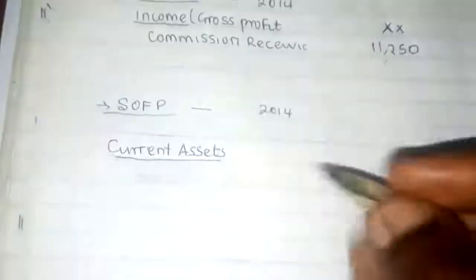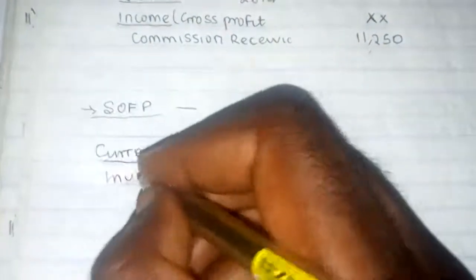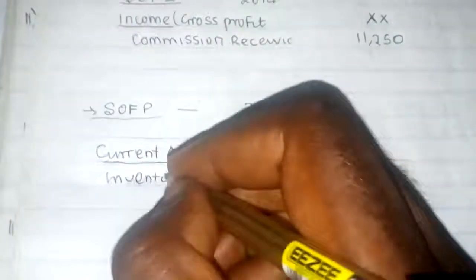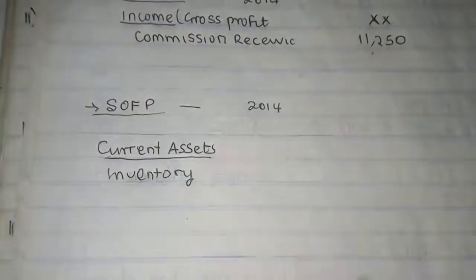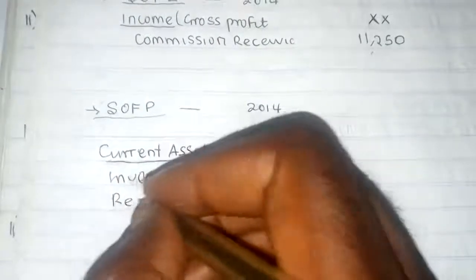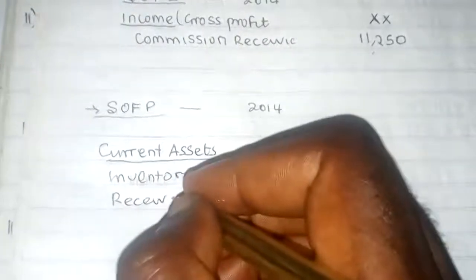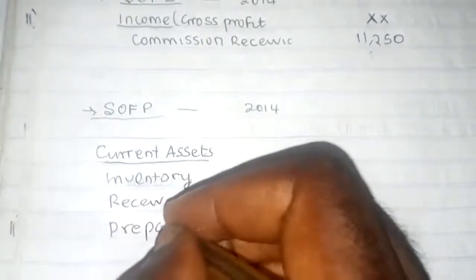So you have your current assets, you'll be having your inventory, I'm just trying to plant a picture in you. Inventory, you have receivables, so you have prepayments.